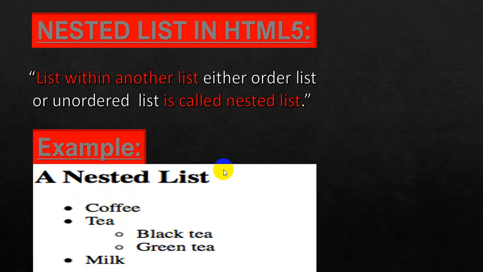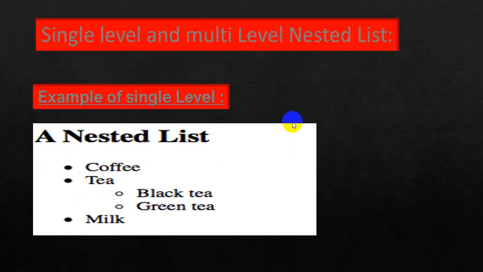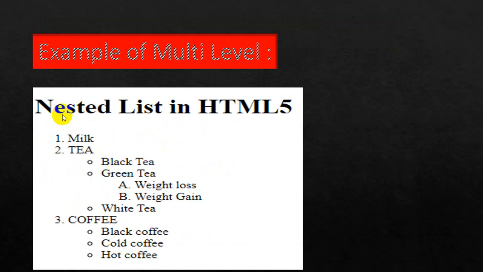Now we have multi-level lists also. I just want to show an example of multi-level. See this nested list, a multi-level nested list, where initially we have three parent items: milk, tea and coffee. Inside tea again we have black tea and green tea. This is the single level, but inside green tea we have two more child items, weight loss and weight gain.